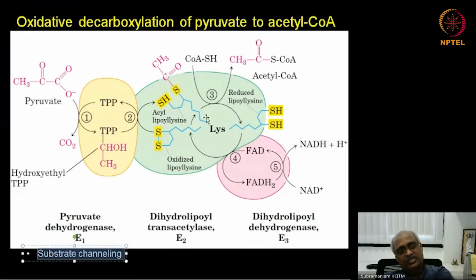All the transfers happen on this clustered enzyme complex itself, on the surface of the complex. And that is what we call substrate channeling. So it's an important concept, so make sure to refresh this discussion and try to remember it again.